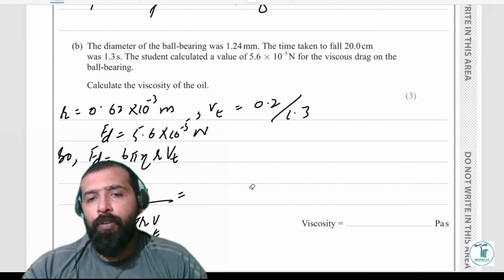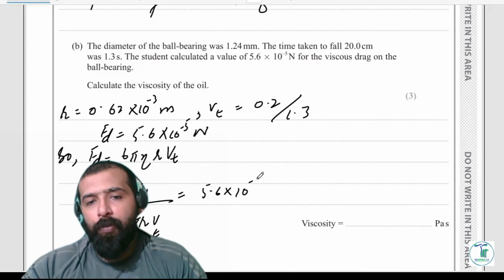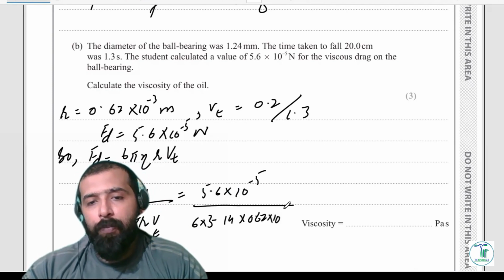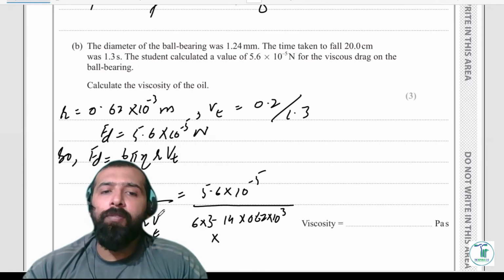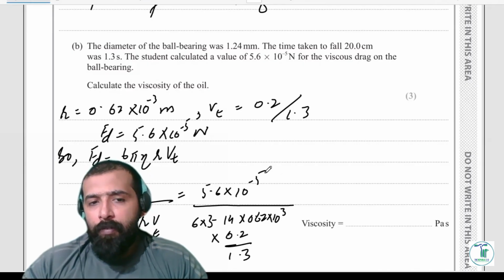And that viscous drag is 5.6 times 10 raised to the power of negative 5 divided by 6 times 3.14 times the radius, which is 0.62 times 10 raised to the power of negative 3, times the velocity. The velocity has to be 0.2 divided by 1.3. So you just need to divide them up.